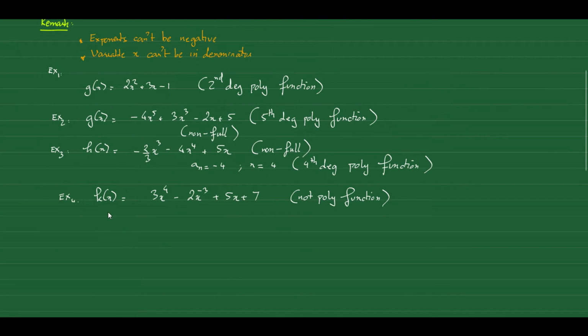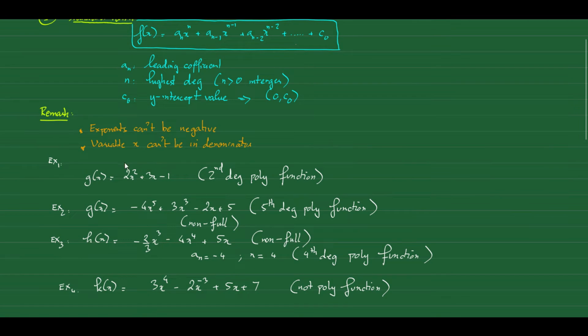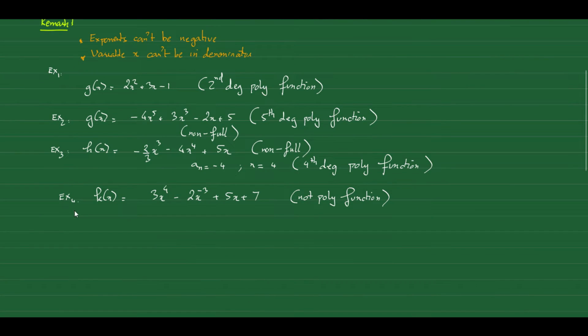Now, how about the domain? Everybody knows that for a quadratic function, which is second degree, the domain is from negative infinity to positive infinity. Similarly, for all polynomial functions, and I'm going to put the second remark right here, the domain is always negative infinity to positive infinity.